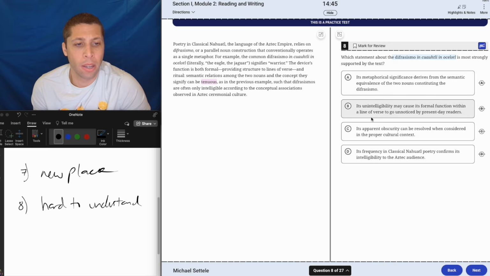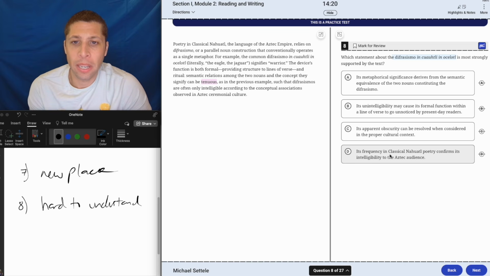So that seems wrong. Its unintelligibility may cause its formal function within a line of verse to go unnoticed by present-day readers, maybe because we don't know how to speak the language. Its apparent obscurity can be resolved when considered in the proper cultural context. That's a little bit more positive. Its frequency in classical language poetry confirms its intelligibility.